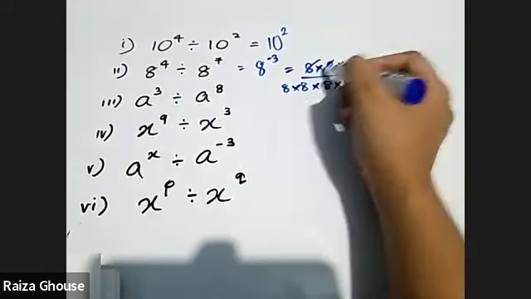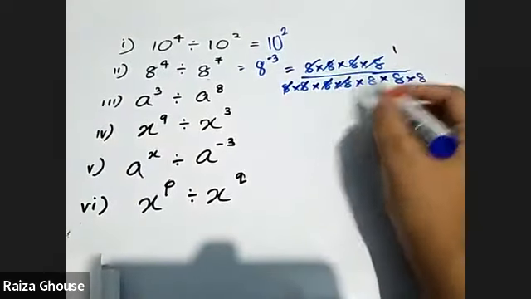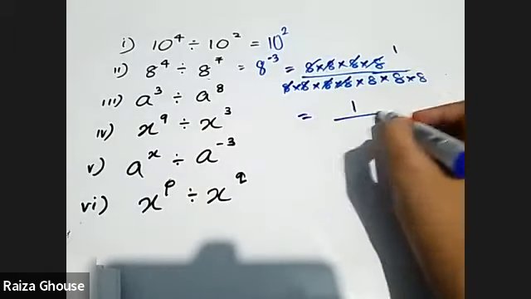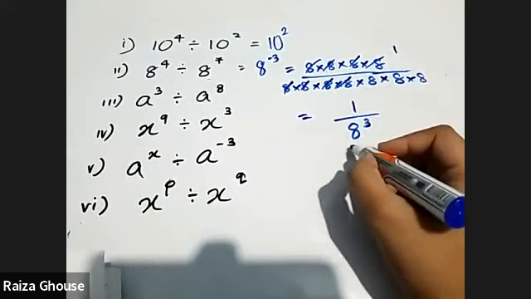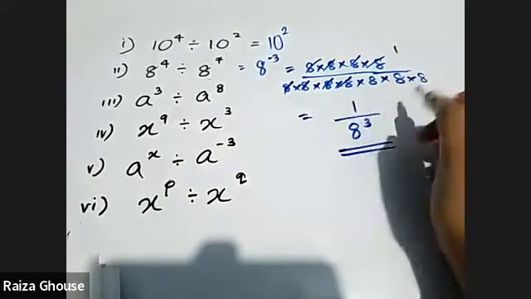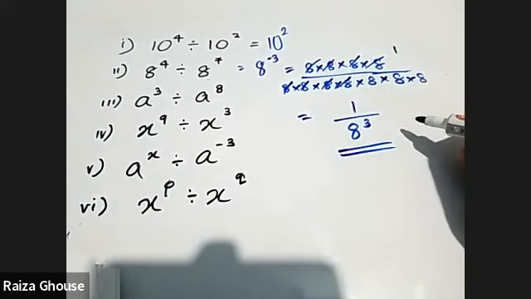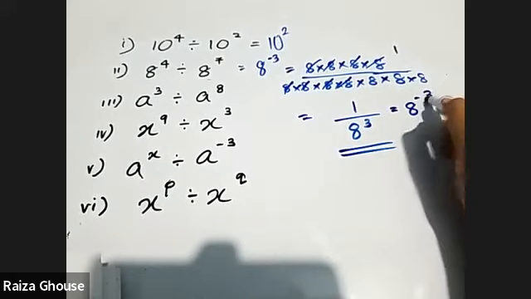What can I do? 1, 2, 3, 4. So that means 1. How many are remaining? 1 over 8 to the power 3. So I suggest you write down the answer in this format and this format as well. Better giving the fractional answer. It's also good if you can give both the answers.